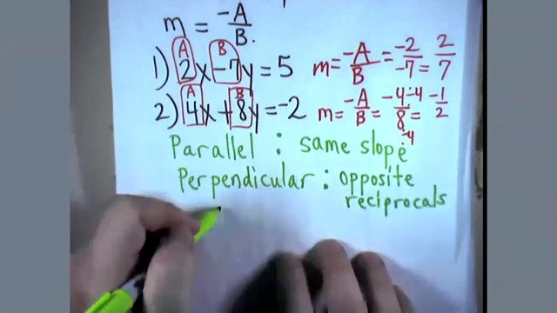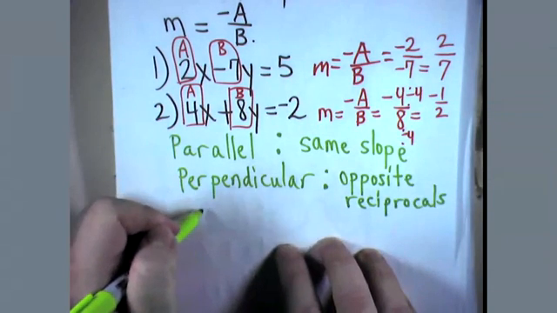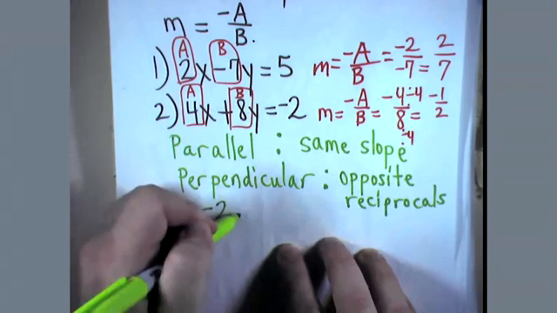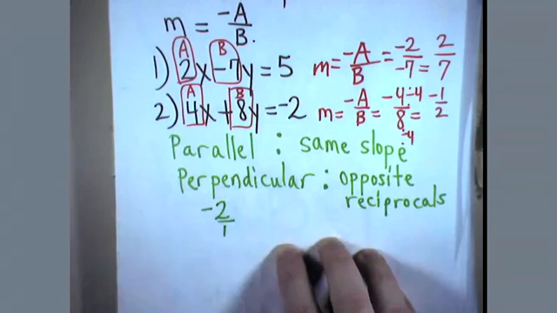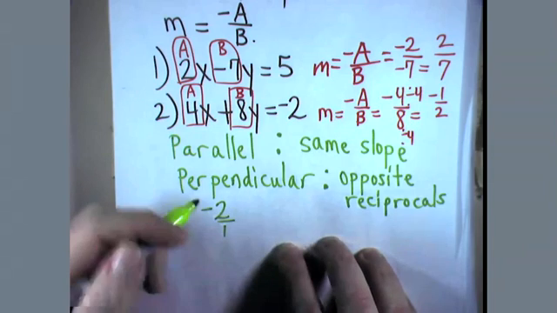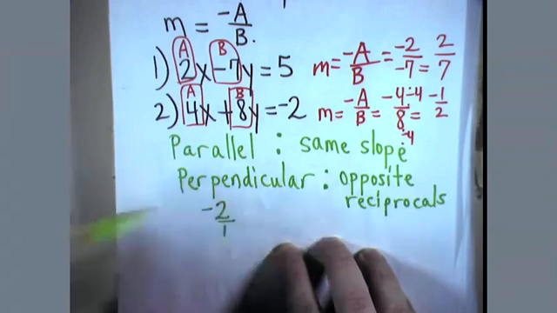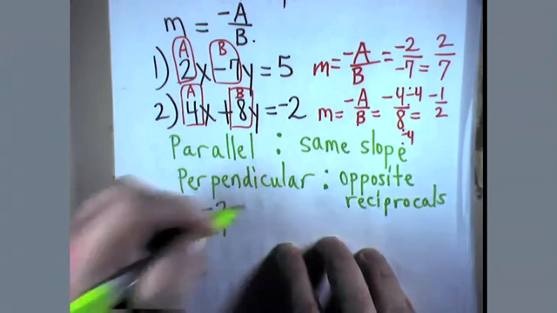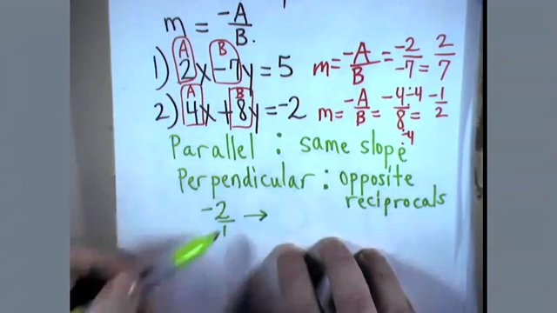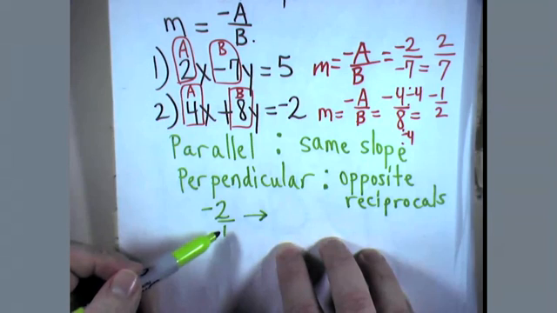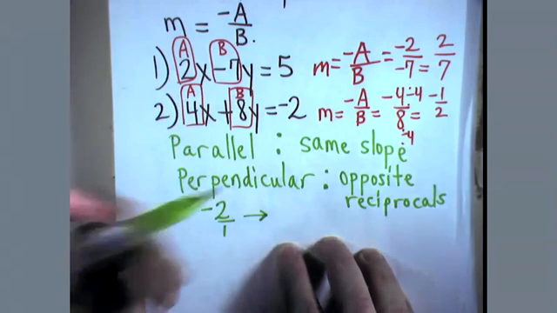If you had one line with a slope of -2, well, that's understood to be -2/1. The opposite of a negative sign is a positive sign. And the reciprocal of 2/1 would be 1/2.